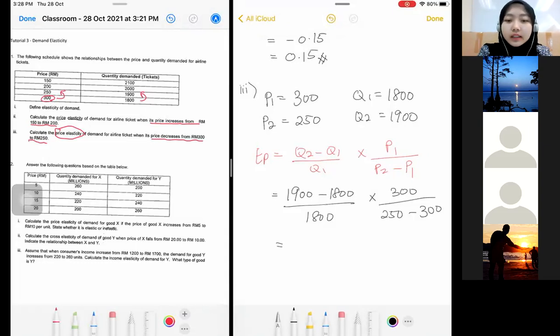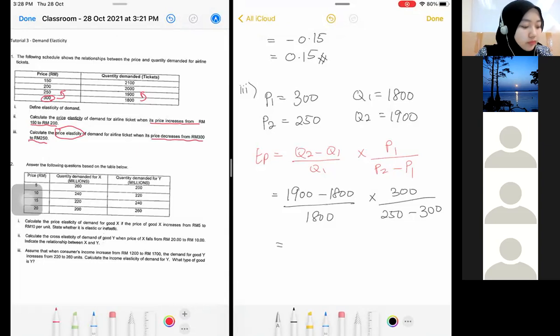Just press the calculator and you will get the answer. Negative 0.36. Don't forget the decimal.